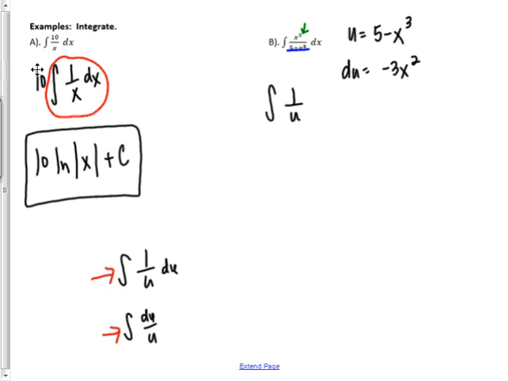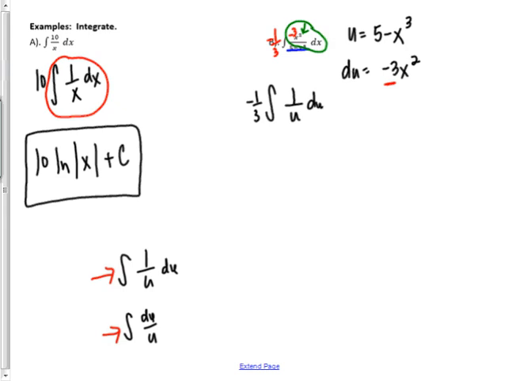Now I need to get du. Well, if I'm looking at it, I have x squared dx, but I need that negative 3x squared dx. So if I multiply in that negative 3, remember we cancel it on the outside with the negative 1/3. So I'm going to bring that negative 1/3 down, and then now I've got negative 3x squared dx. That becomes du.